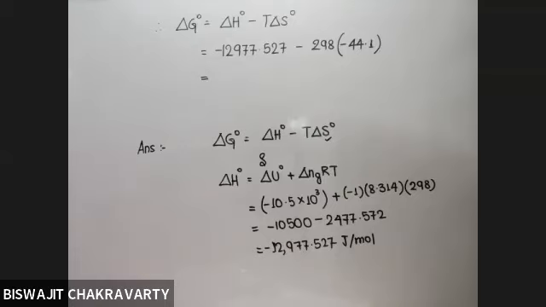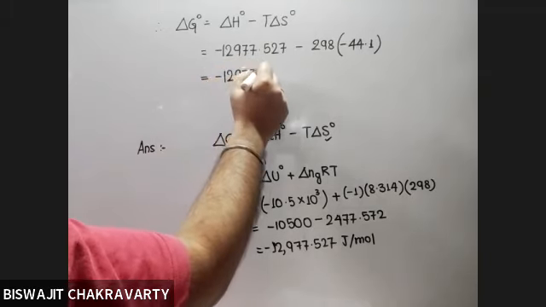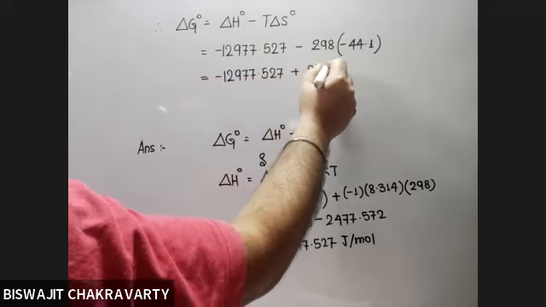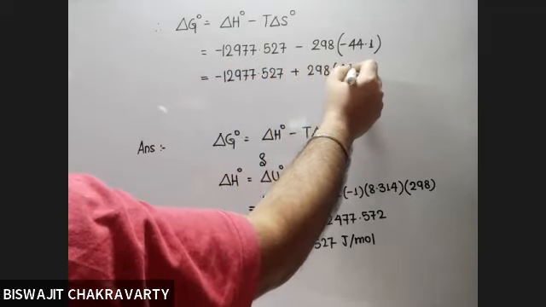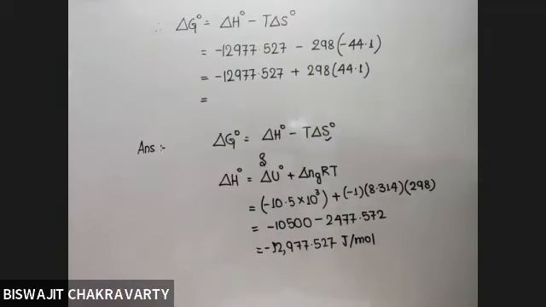Get me the value of delta G degree, how much it comes out, tell me. So it is minus 12,977.527 minus of minus, plus 298 into 44.1. Anyone calculate it and tell me how much is the value coming out?